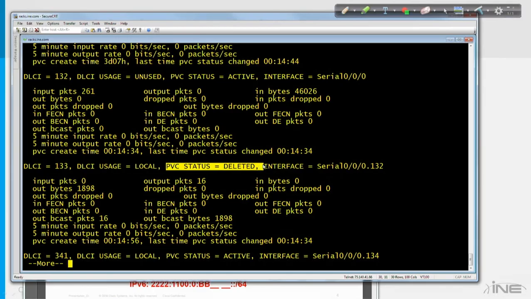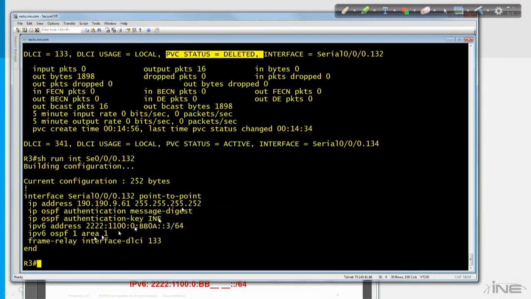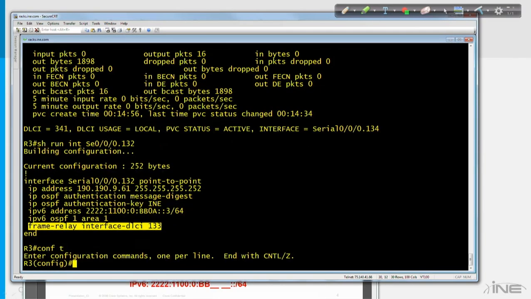Deleted means I'm using a DLCI that the WAN switch doesn't recognize. I'm telling the WAN switch about a DLCI that doesn't belong to me. So at that point I would have needed to look at my actual topology diagram, and I would have realized, oh, wait a second, these guys are supposed to be communicating across DLCI 132, not 133. And then when I went back to look at my interface, that's when I would have seen this. So let's go ahead and change that and make it the correct DLCI.